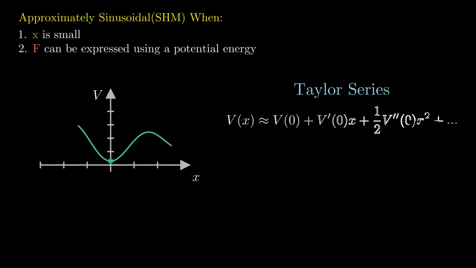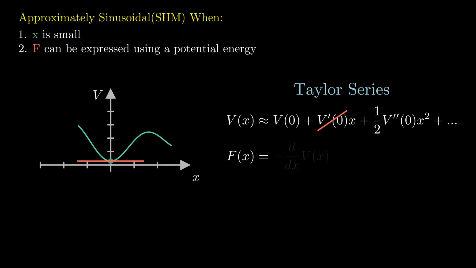For starters, the first derivative of the potential energy evaluated at the minimum point is equal to 0, since the slope of the graph is equal to 0. We know that the force is equal to the negative of the first order derivative of the potential energy. So let us differentiate the potential energy to obtain the force.